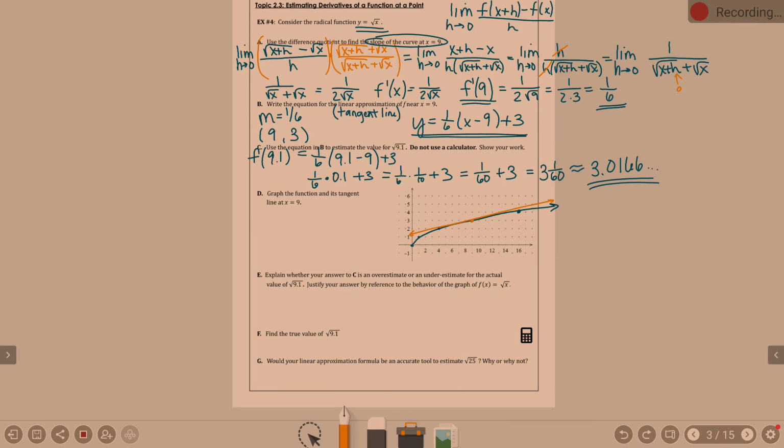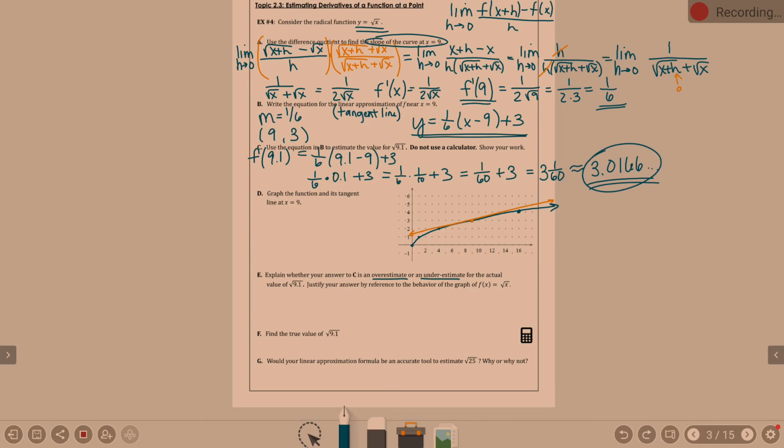So E, explain whether your answer to C, so this right here, is an overestimate or underestimate for the actual value of the square root of 9.1. Justify your answer by reference to the behavior of the graph. This is what we just talked about on the previous page.